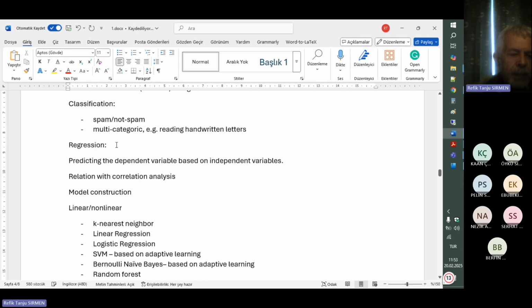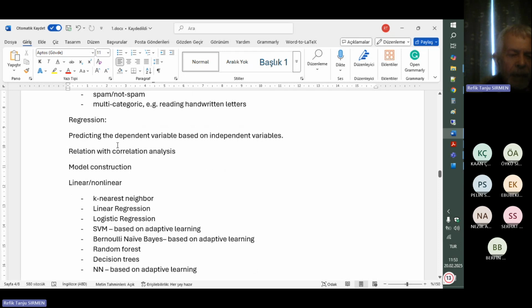But in this prediction type of systems or projects, you'll remember that there will be some dependent variable which we try to predict. Like a student success type of project, the dependent variable may be the success of the student, which is the exam grade, something like that.